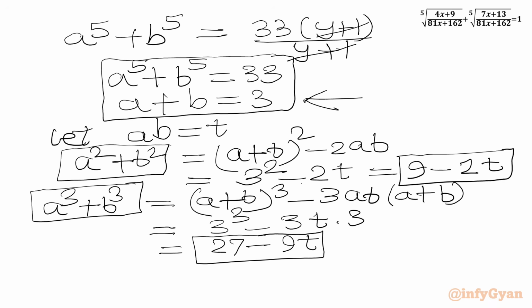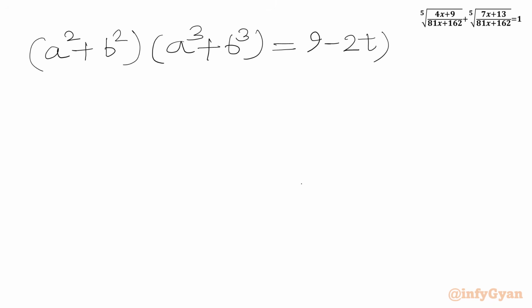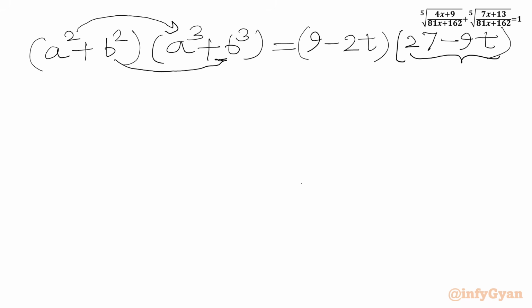Now we'll multiply both to get a power 5 plus b power 5. Let's multiply a square plus b square times a cube plus b cube, which will be equal to 9 minus 2t times 27 minus 9t. Now we can take 3 common from here and let's multiply a square with a cube, a power 5, b square with b cube, b power 5.